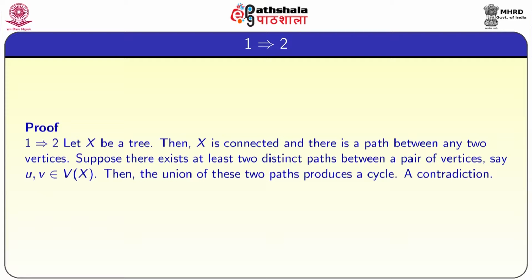Suppose there exist two distinct paths between a pair of vertices, say u, v belonging to V of X, then the union of these two paths produces a cycle. That is a contradiction, because once we have a cycle, there exist two distinct paths. So, 1 implies 2 is clear now.